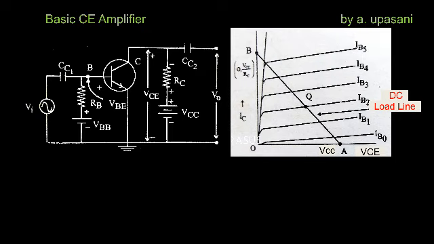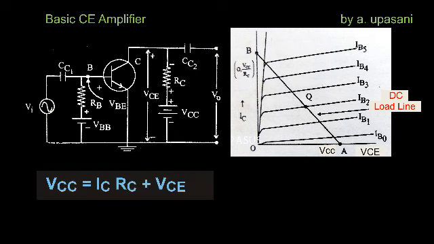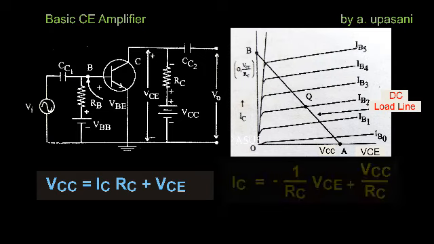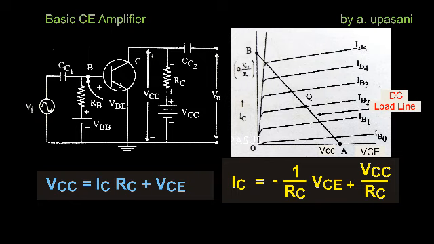So at the output side we can express the KVL equation as VCC = IC RC + VCE. From this, if you take the collector current to the left hand side, the equation will be IC = -(1/RC) VCE + VCC/RC.